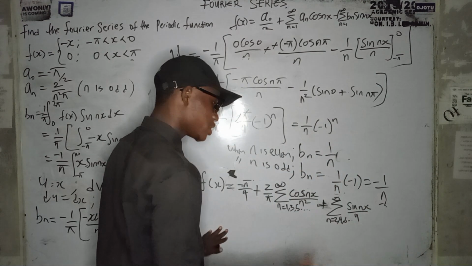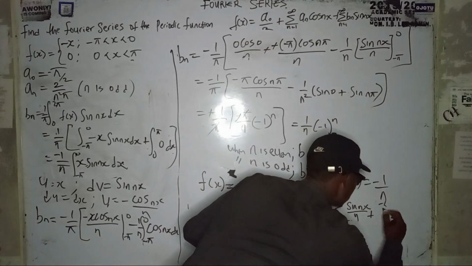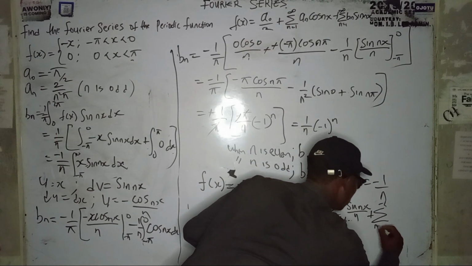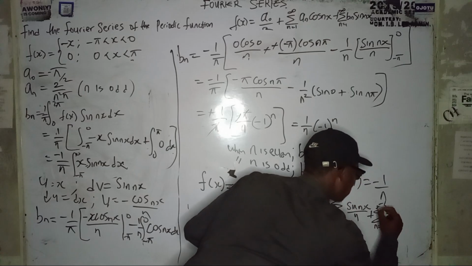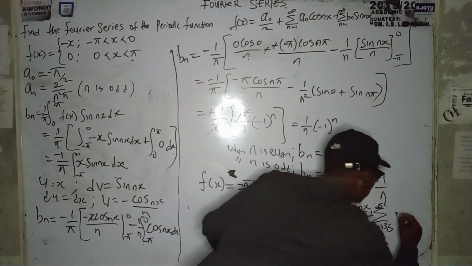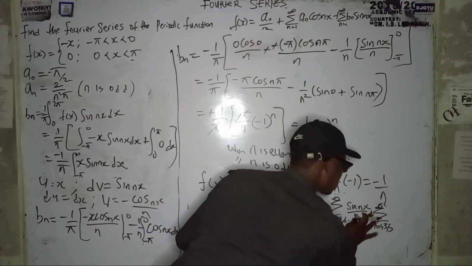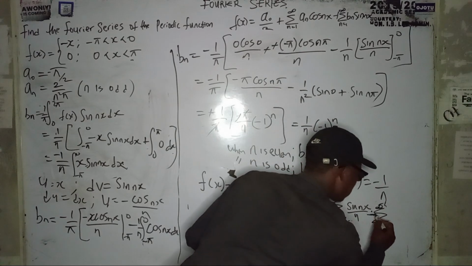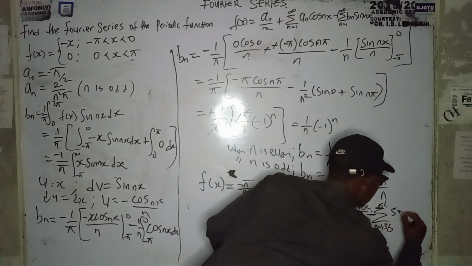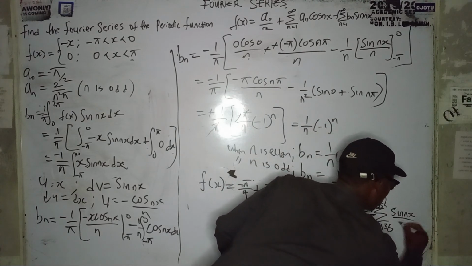Then we also have for the negative one, plus the summation from n equals 1, 3, 5 up to infinity of, now this is minus 1 over n, so therefore this is a negative sign here, then sine nx over n.